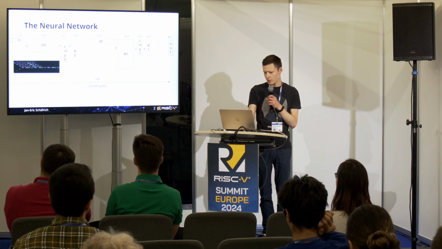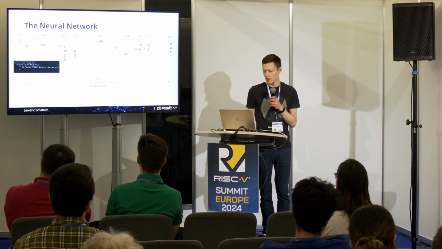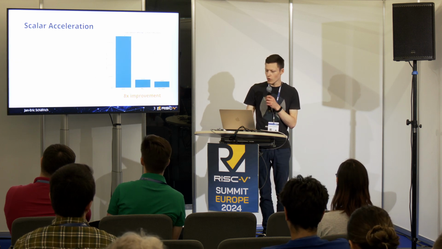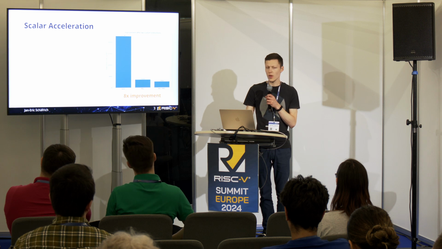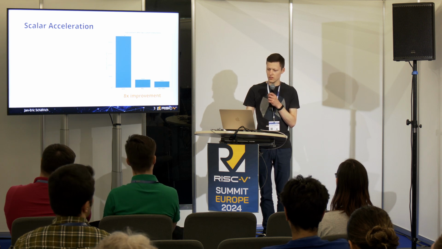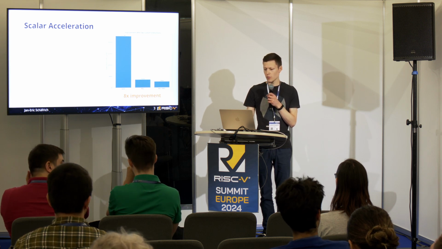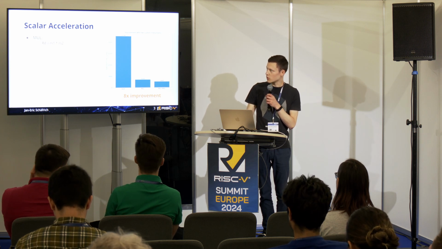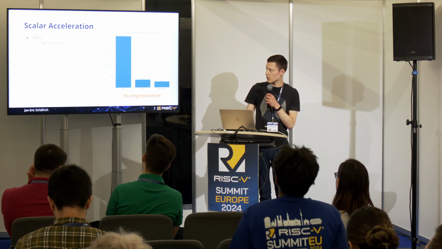The matrix multiplication is basically a multiply and then accumulate operation. And knowing that we only got a base RISC-V core that doesn't support multiplication and MAC operations natively, I decided to implement those as the first instructions.